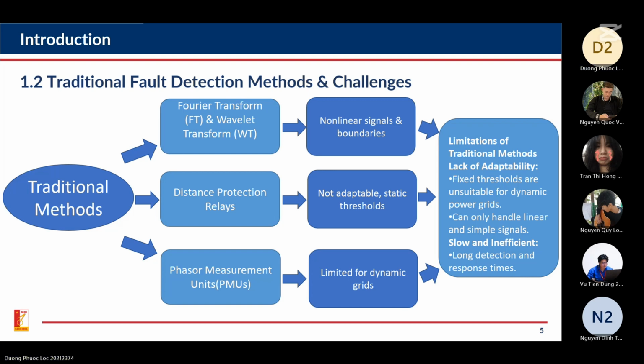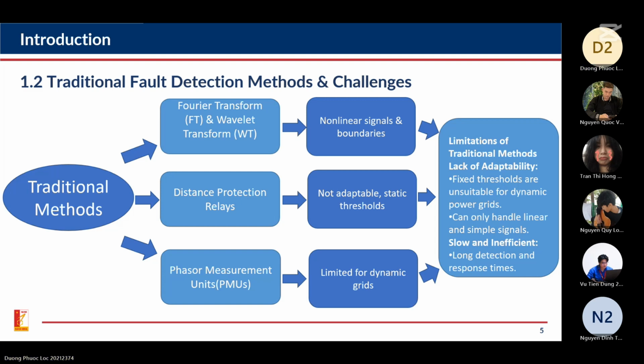So the problem here is that they all lack adaptability. Traditional methods operate on fixed thresholds, making them unsuitable for dynamic and complex power systems.